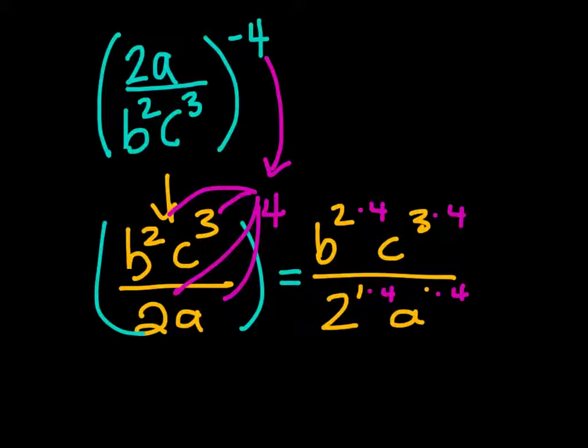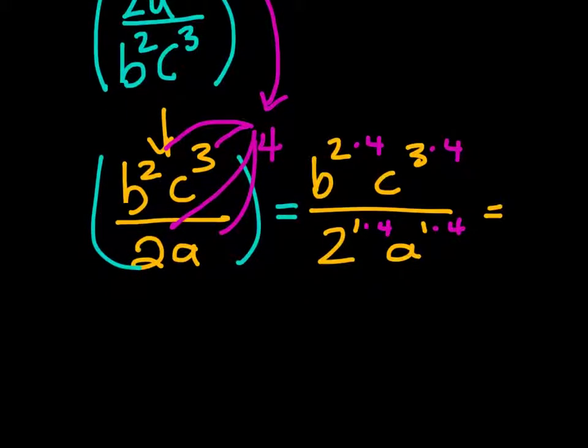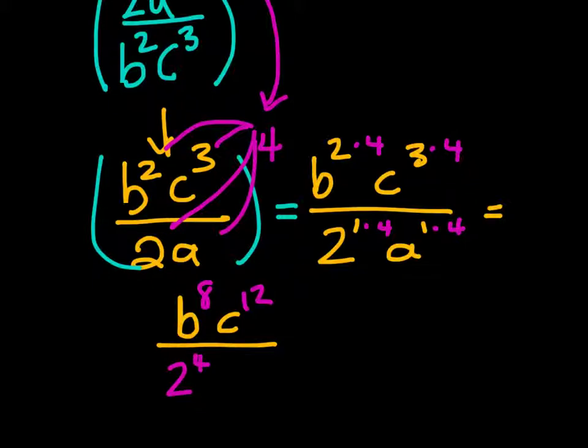Let's figure out all those exponents, and then we are finished with this problem. So let's move this up a little bit. We have b to the 8th power times c to the 12th power over 2 to the 4th power and a to the 4th power.